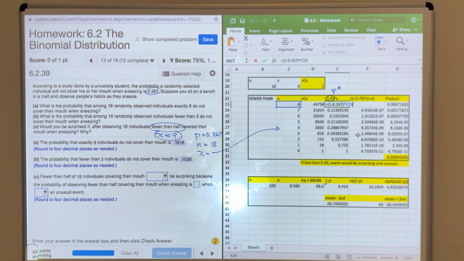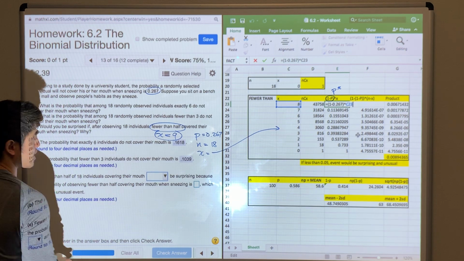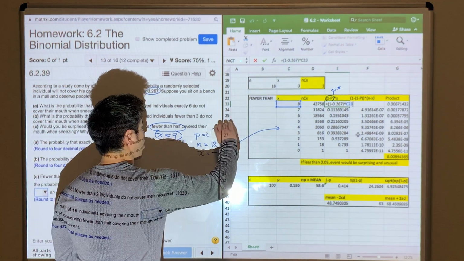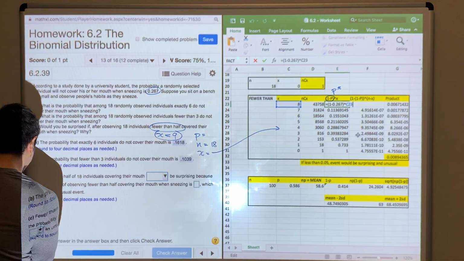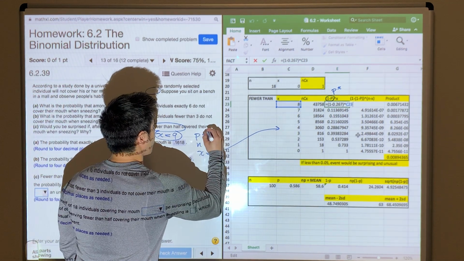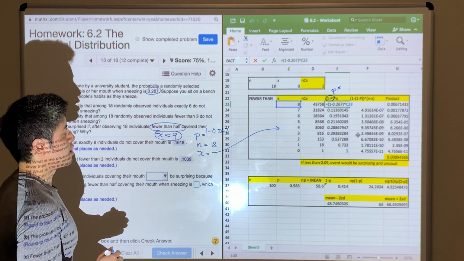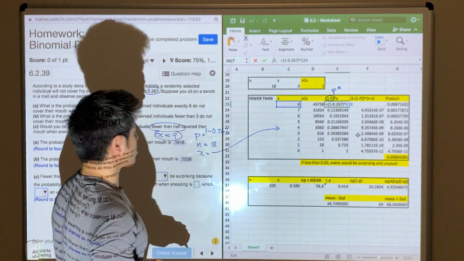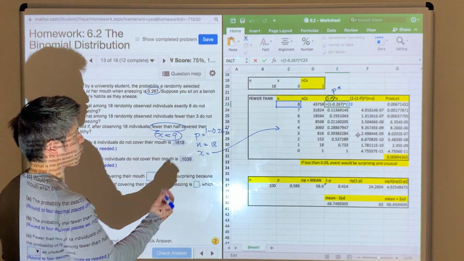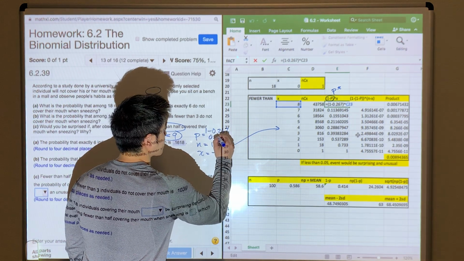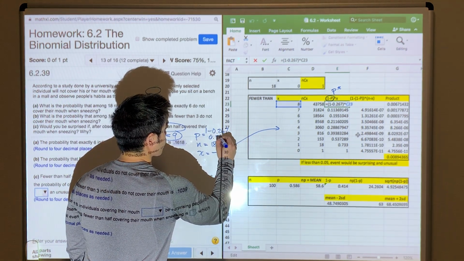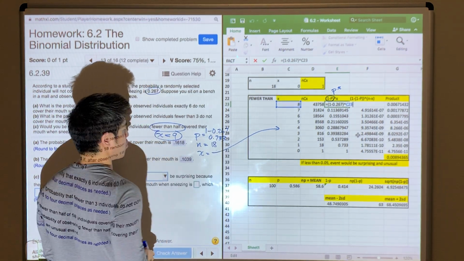Now, you can do that ahead of time if you want. So for this last part, your p value is actually going to be 1 minus, in my case, 0.267. And that's where you get that there. If you do that ahead of time, for my problem, that would be 0.733, I believe.